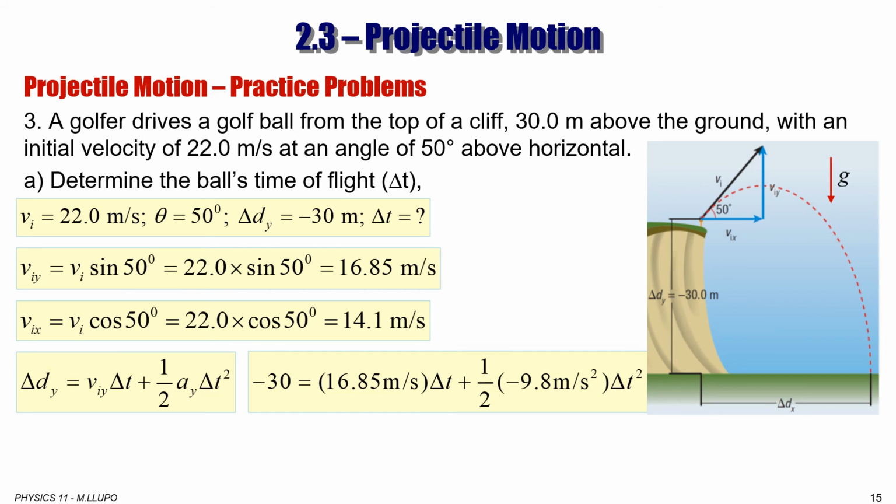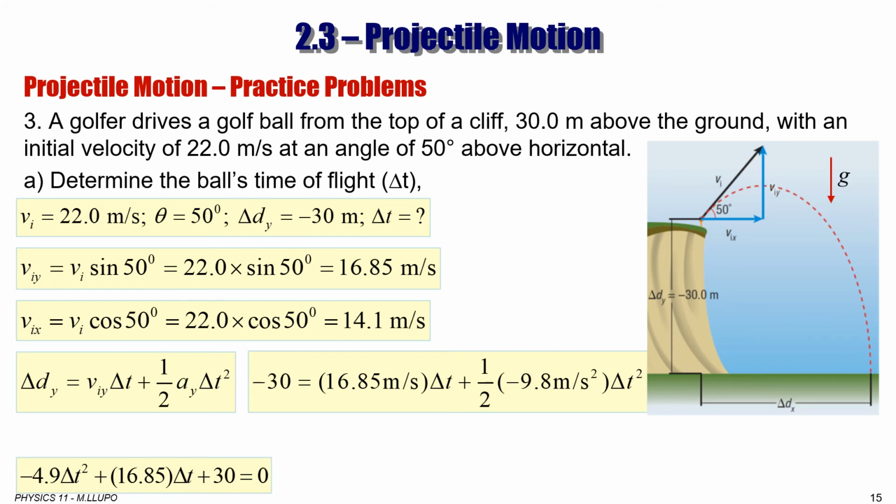Now, we can rearrange this equation by moving the half of the minus 9.8 meters per second squared in front of delta t squared. So half of 9.8 is 4.9 delta t squared plus 16.85 delta t. Then when we move minus 30 to the other side of the equation, it becomes plus 30.